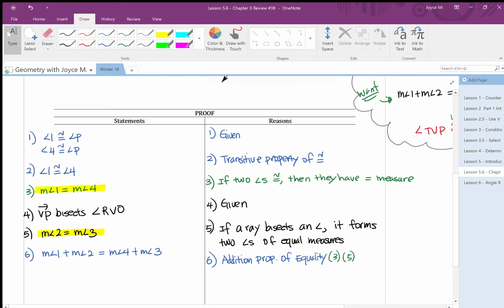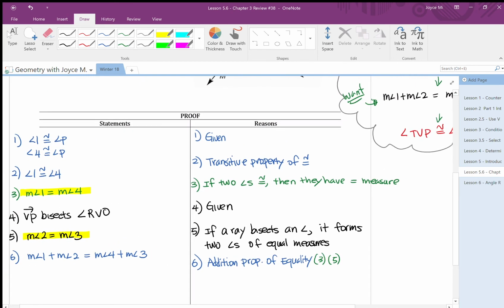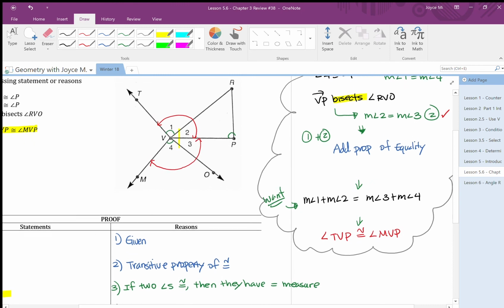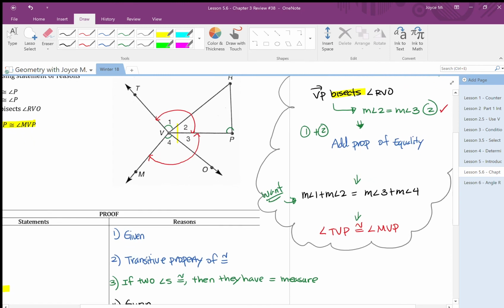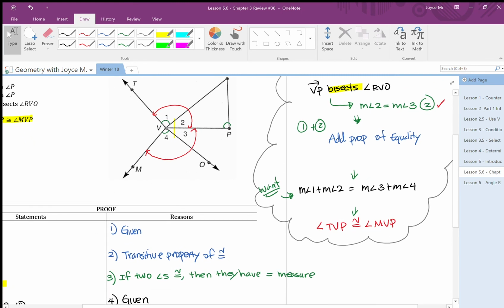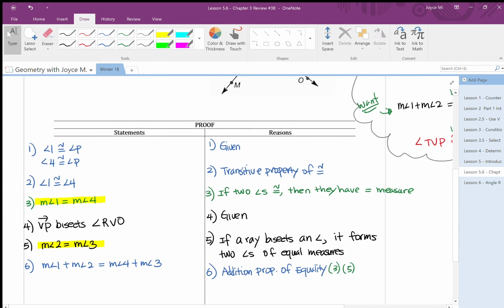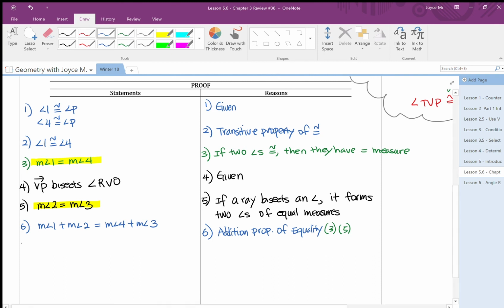Well, look at my picture here. Again, we say angle 1 plus angle 2 is angle TVP, which is in my plan over here. So 1 plus 2 is TVP. Angle 3 plus angle 4 is going to give me angle MVP. So I'm going to write that down here. Okay, so let's write it. So number 7.